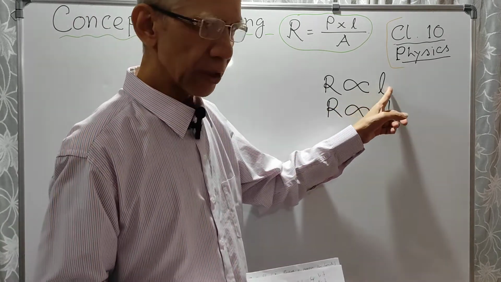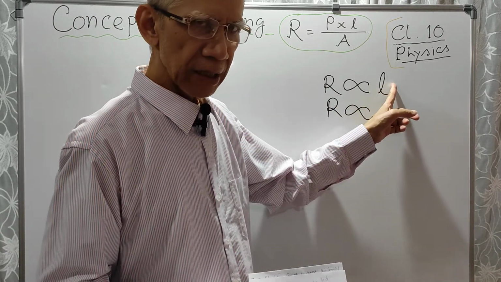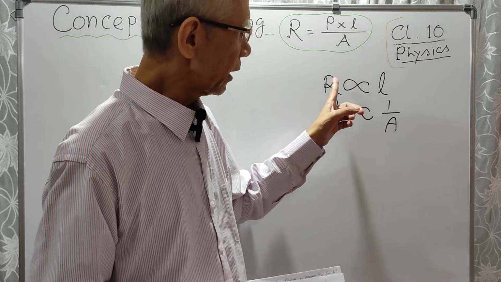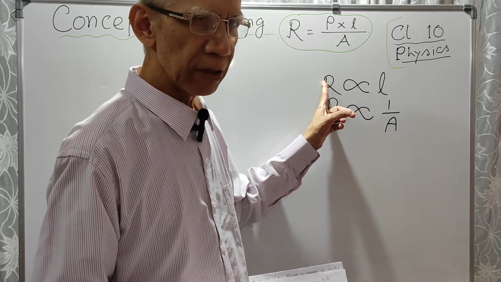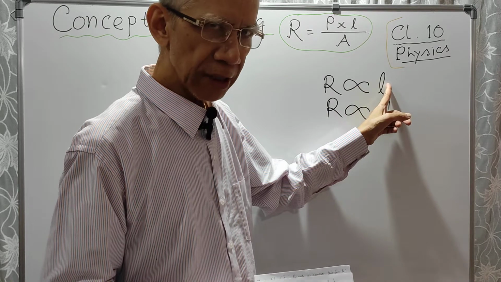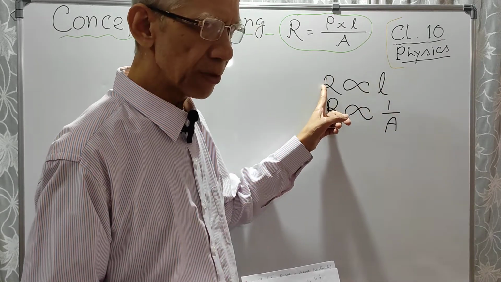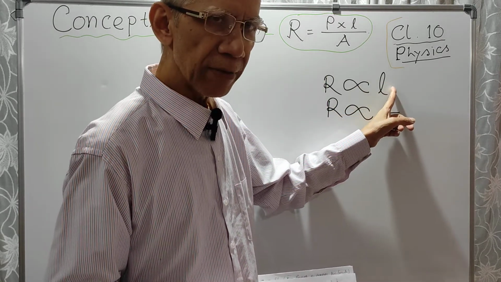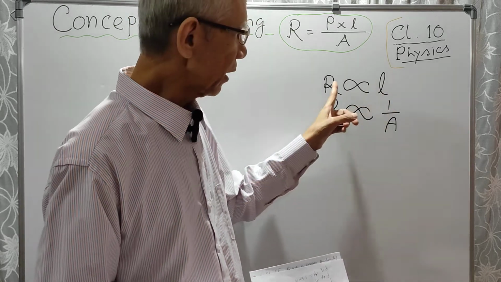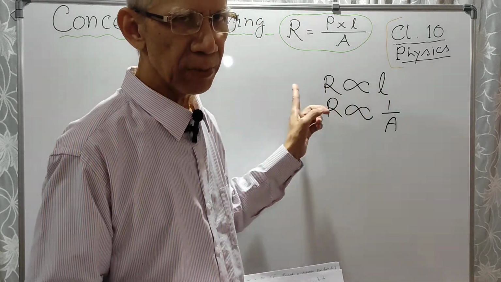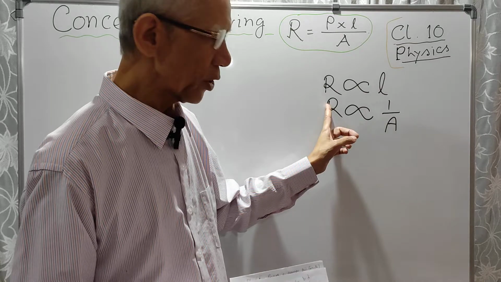Directly proportional means if you double the length, then resistance will be doubled. If you make the length 3 times, resistance will become 3 times. If you make the length half, resistance will become half.